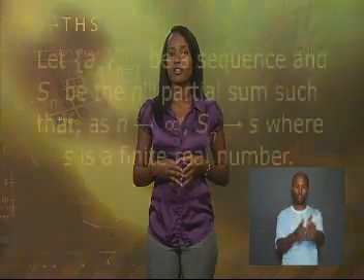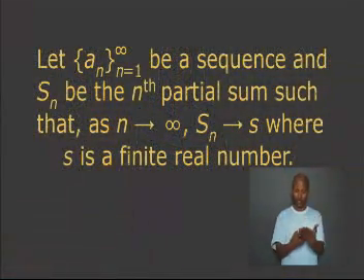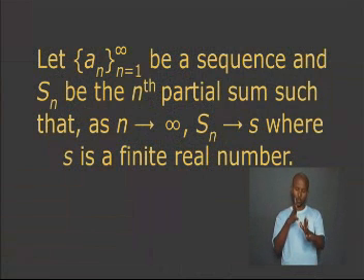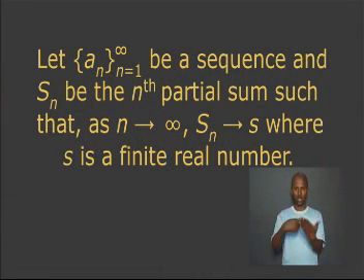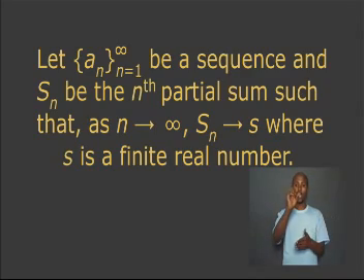The formal definition of convergence is as follows. Let an be a sequence and Sn be the nth partial sum such that as n tends to infinity, Sn tends to s, where s is a real finite number.